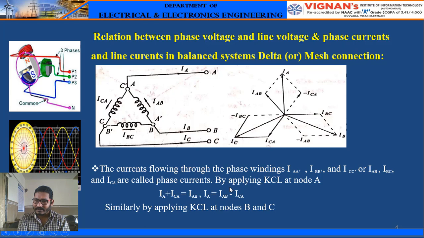From the phasor diagram, consider IAB as the reference, suppose IAB is like this. Then this is IBC, after 120 degrees.